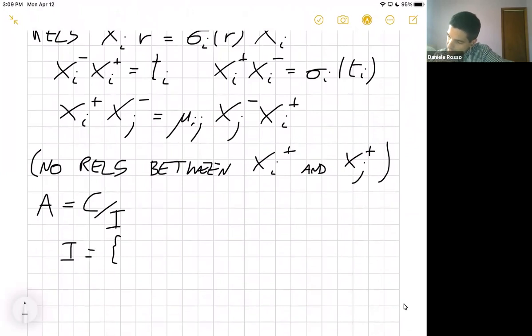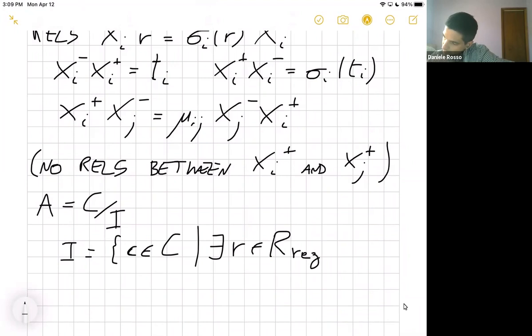One way is that you take the elements c in C that are killed by a regular element of R, so there exists r in R_reg, a regular element of R, such that r times c is equal to 0.